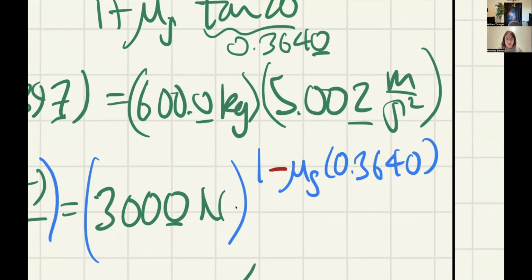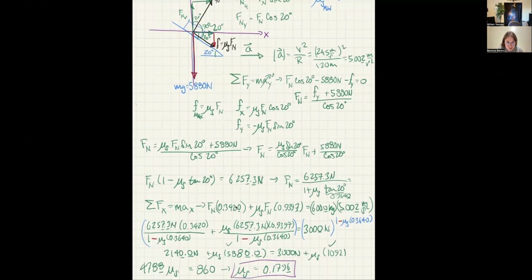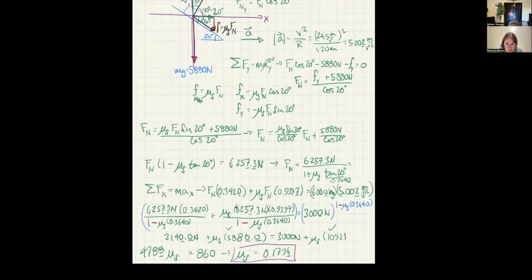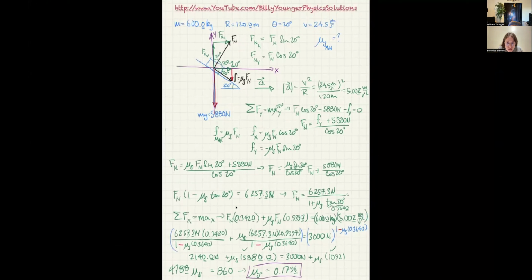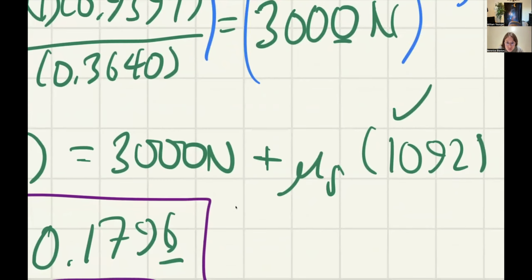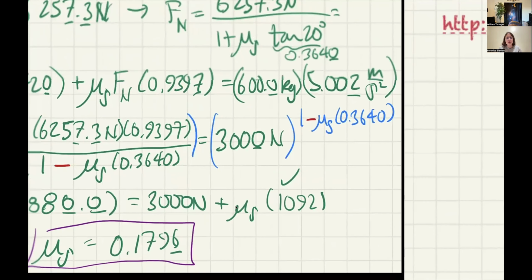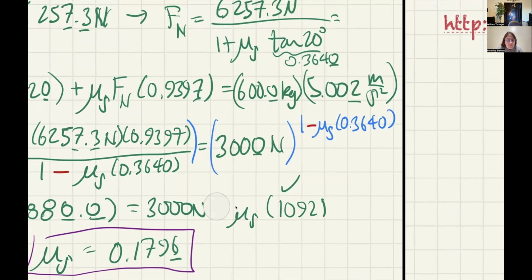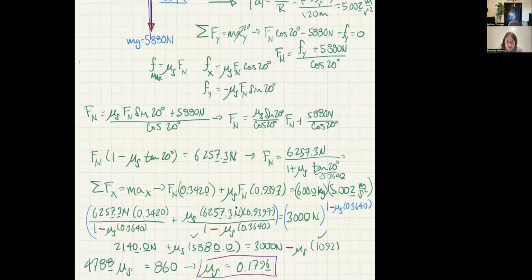So hopefully that's our mistake. And then when I multiply through by 1 minus mu s 0.3640, nothing happens on the left-hand side because all that's still worked out. But this plus sign right here has to become a minus.